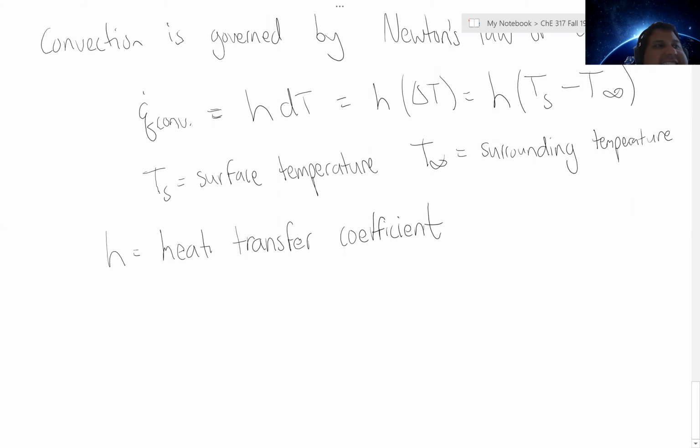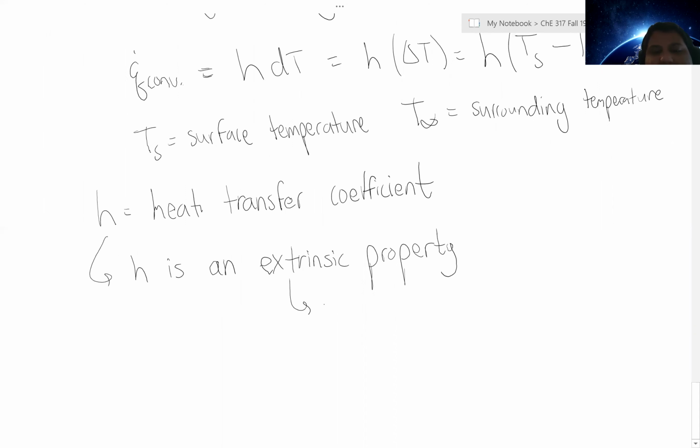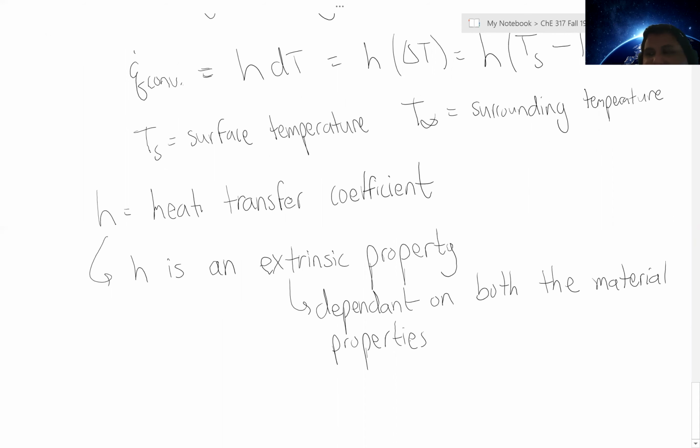Now, the important thing to consider with heat transfer coefficients is it's an extrinsic property, meaning it's dependent on both the material properties, which means the objects from which heat is being transferred, as well as the flow conditions.